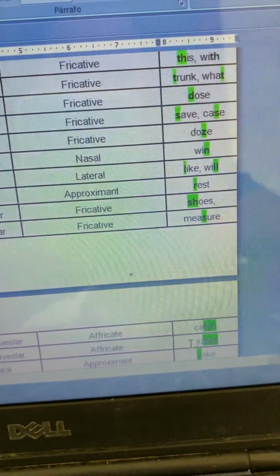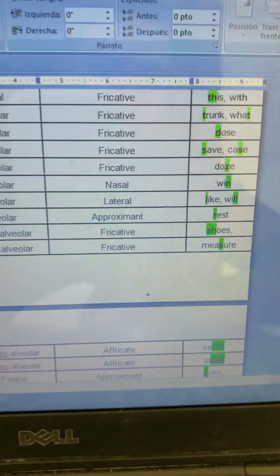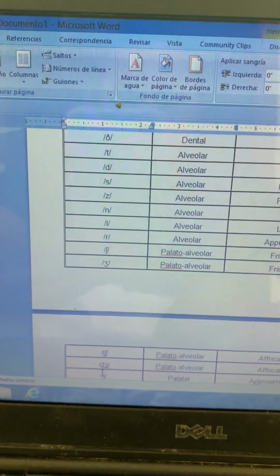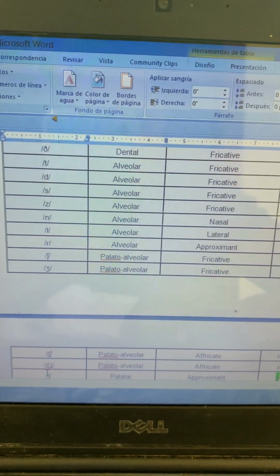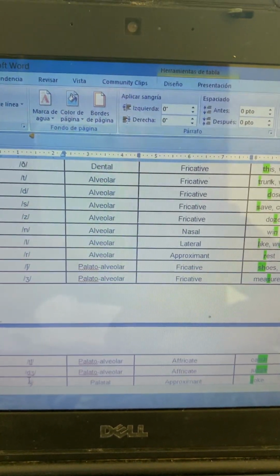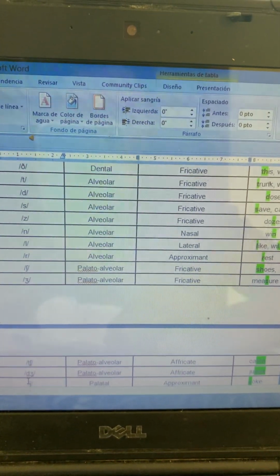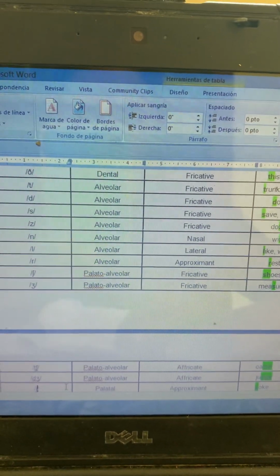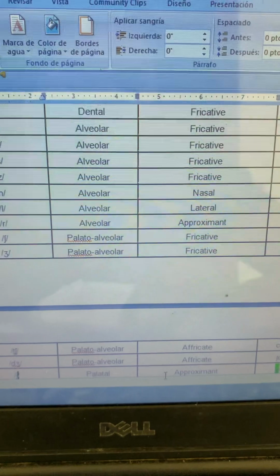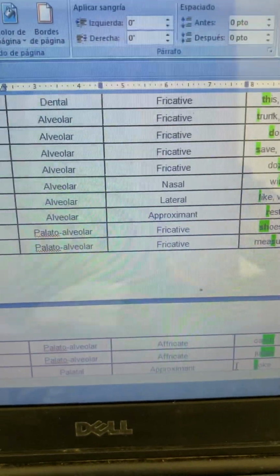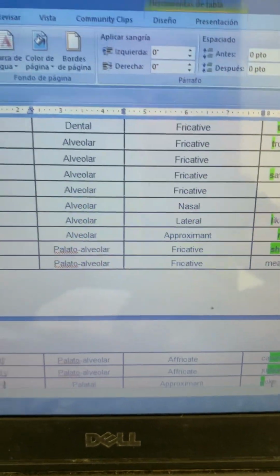For example, huge. And here we have the consonant Y, which is voiced, palatal, approximant. For example, jog.